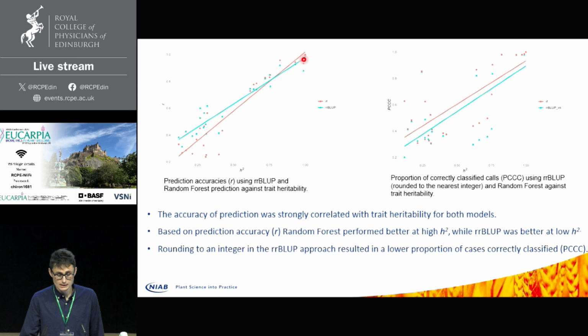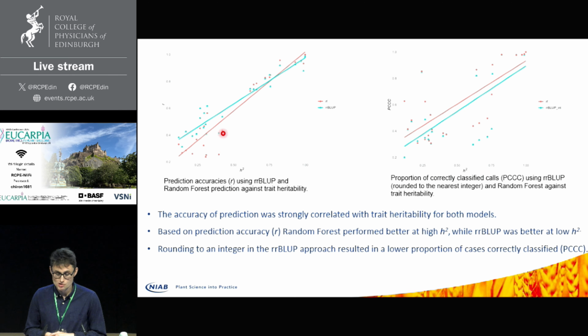And interestingly, well, maybe not unexpectedly, random forest tended to perform better at higher heritability, whereas the RR-BLUP approach performed better at lower heritability. What's typically happening here is that for the more continuous-based traits, RR-BLUP was better.